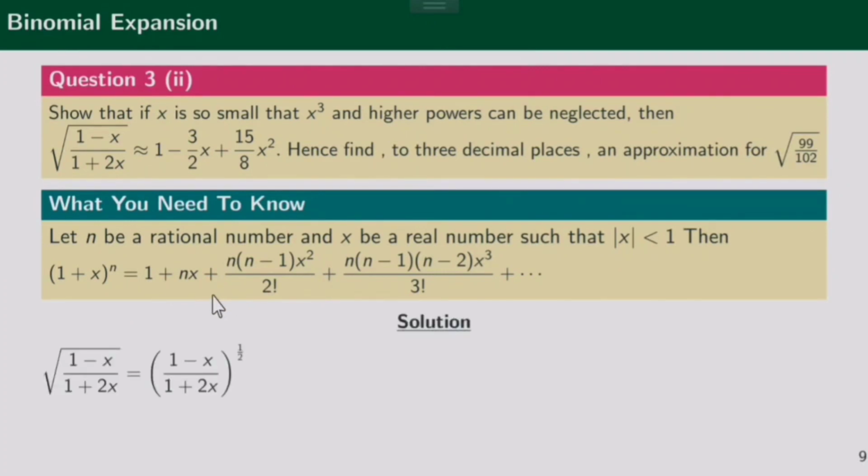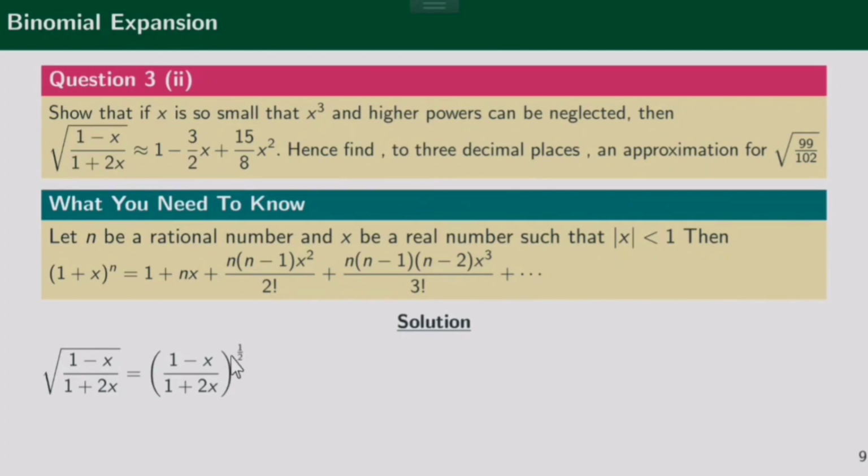So what we have to do is play a little bit by rearranging or reordering this expression in order to make it look like what is in this expansion, like what has been expanded to obtain the right hand side. We know that the square root means we are raising a number to the power half. So all of this is the same as 1 minus x divided by 1 plus 2x, all raised to the power of half.